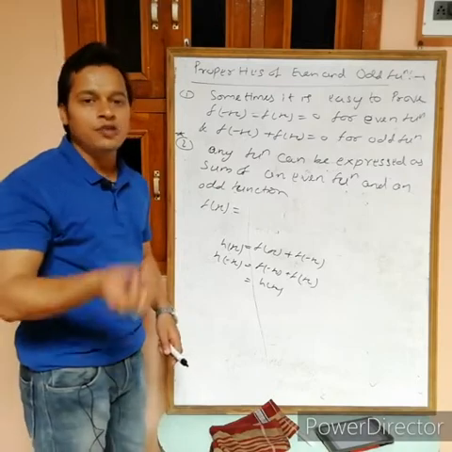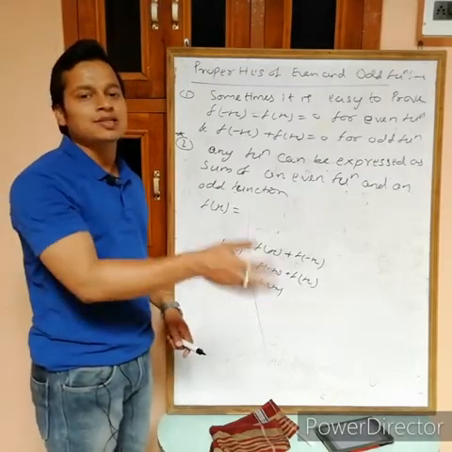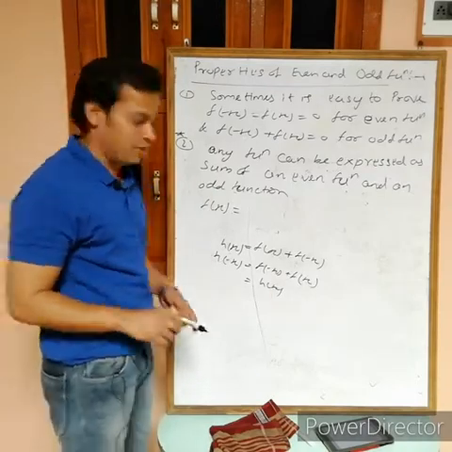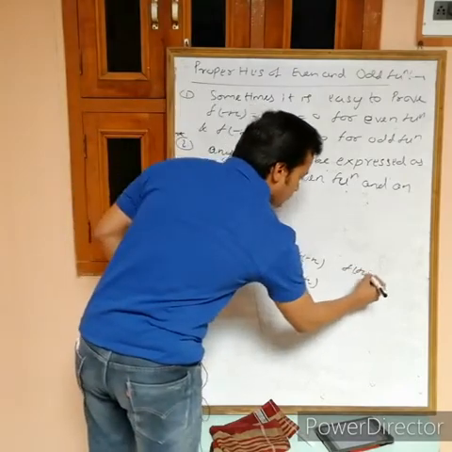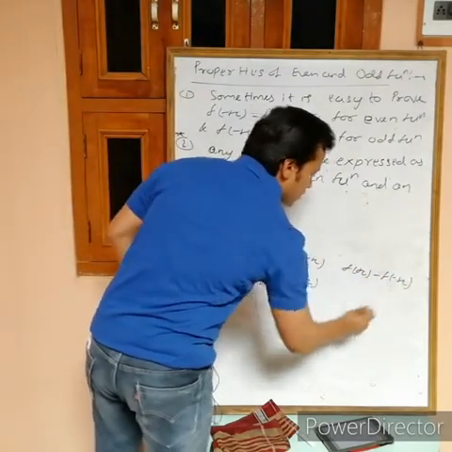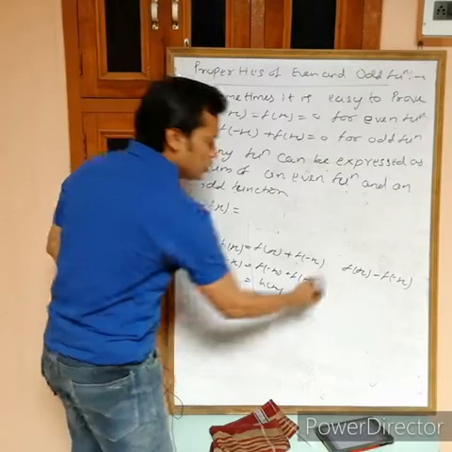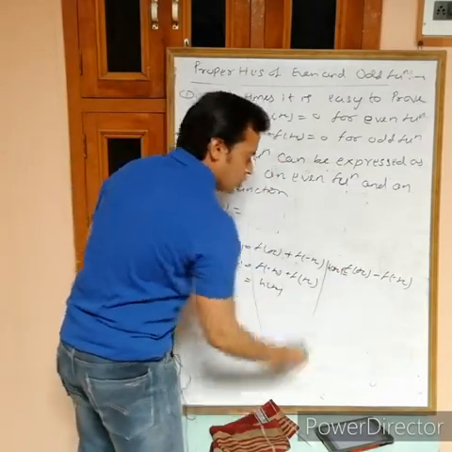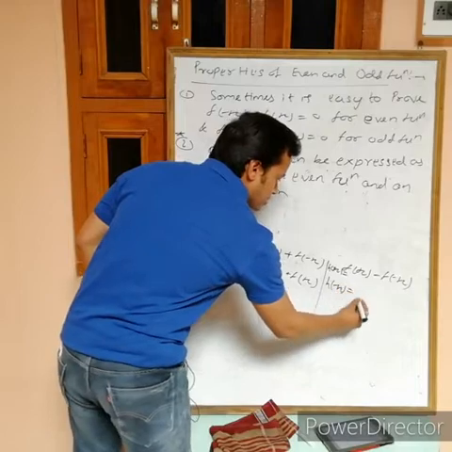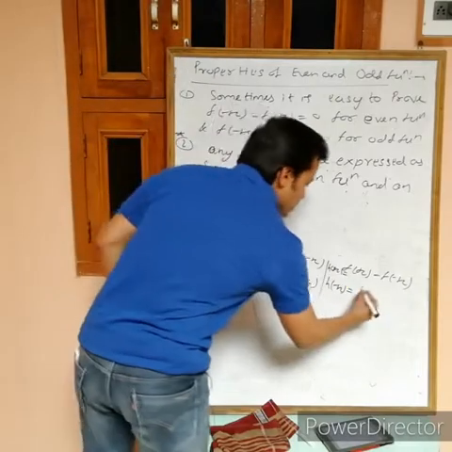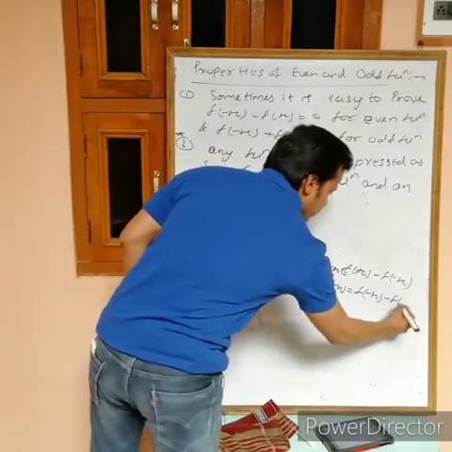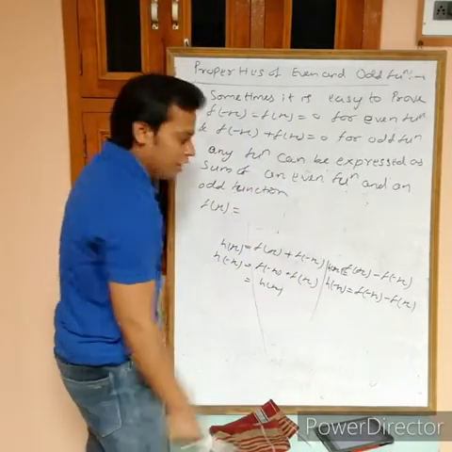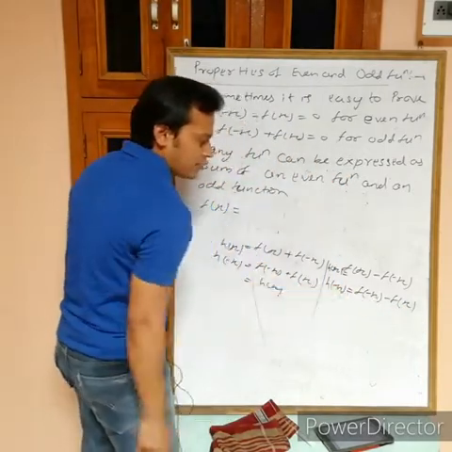So actually for any function, f(x) plus f(-x) is always even, and f(x) minus f(-x) is odd. Check, suppose this is h(x). Now find h(-x). If you replace x with minus x, then we are getting f(-x) minus f(x). Now check, can you write this one in terms of h(x)?